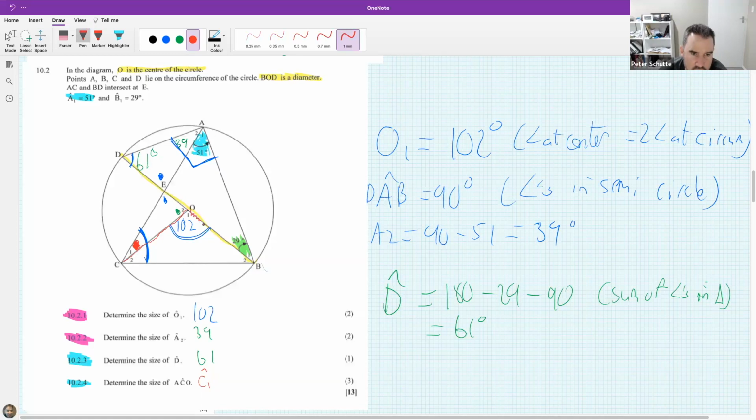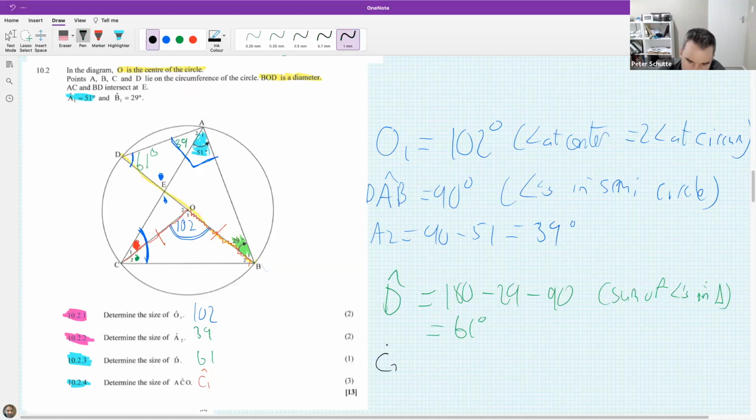Or you could recognize that what is this over here? And what is this over here? Well, those are both radii, which means you should be able to work out what that angle is over there. And if you know what that is, you should be able to get the red one. So I'm going to do that, but you could have done it either way, and the answer will get there eventually.